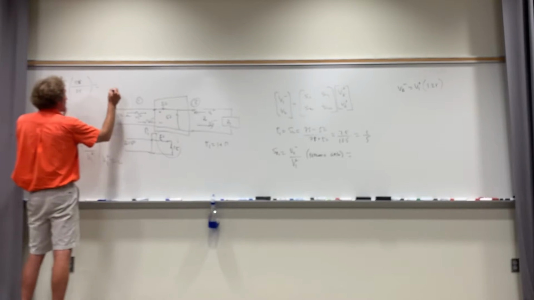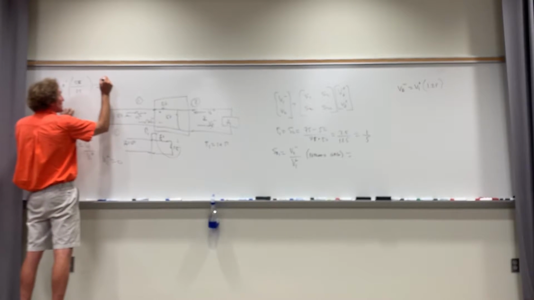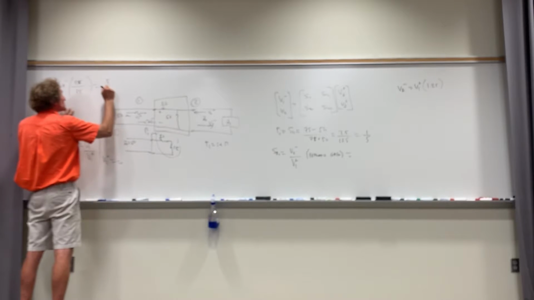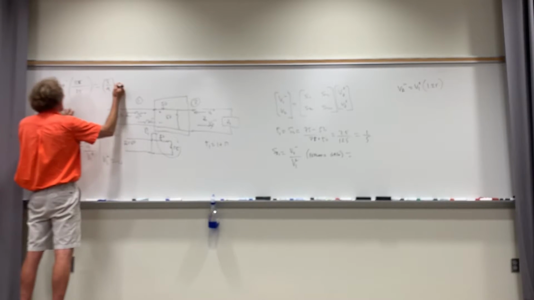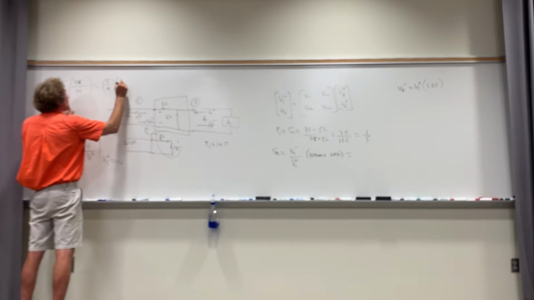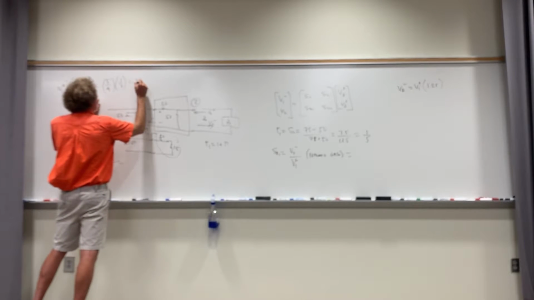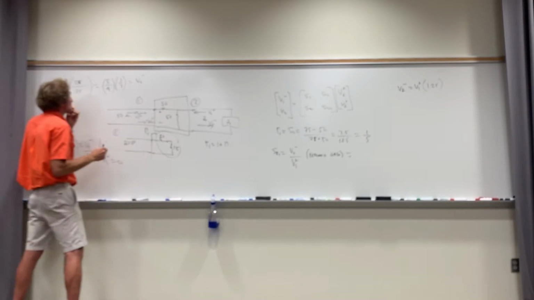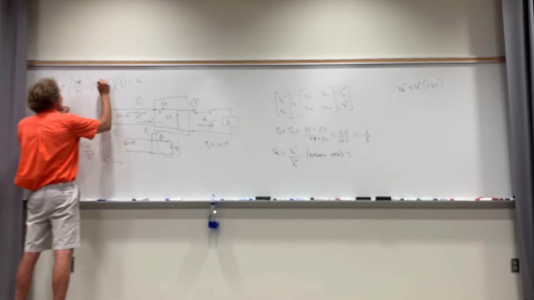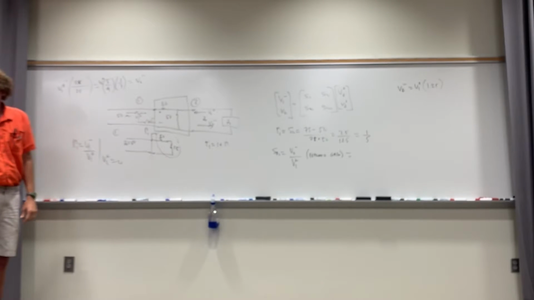So that means I've got 1.25 times 1/3 equal to my V2 minus over V1 plus. Do you agree with me, class? Everybody?